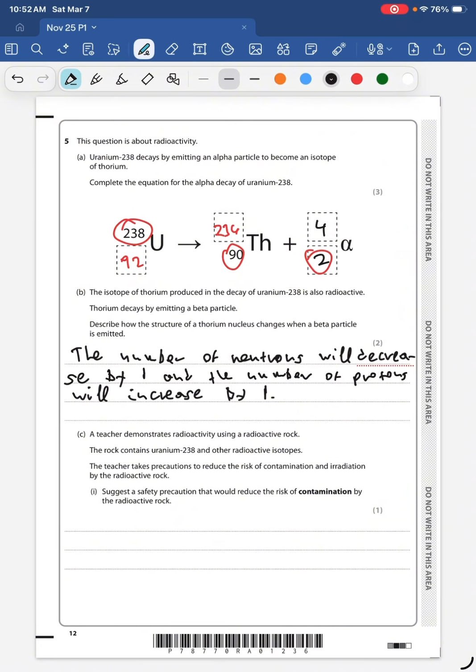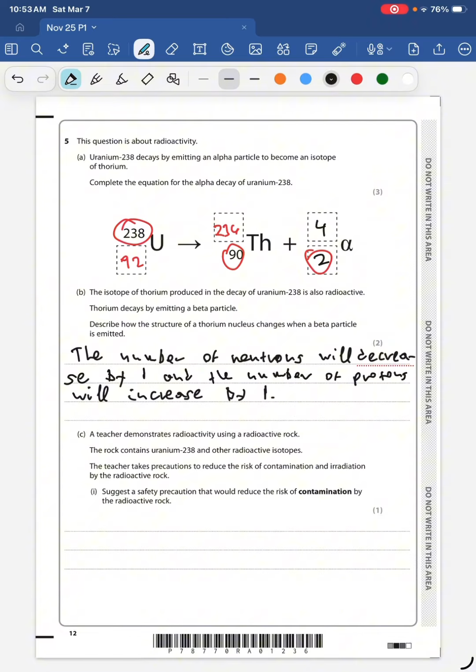So question C. A teacher demonstrates radioactivity using a radioactive rock. So that doesn't sound good, but anyway, the rock contains uranium-238 and other radioactive isotopes. The teacher takes precautions to reduce the risk of contamination and irradiation by the radioactive rock.